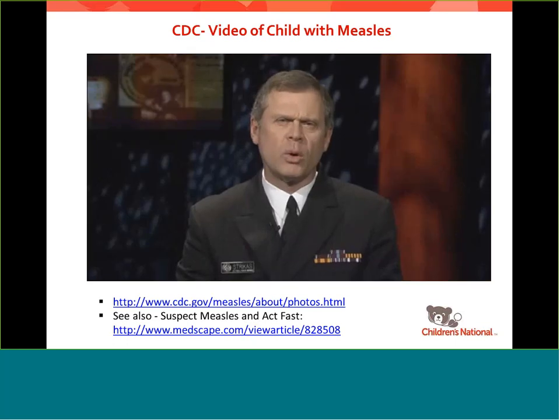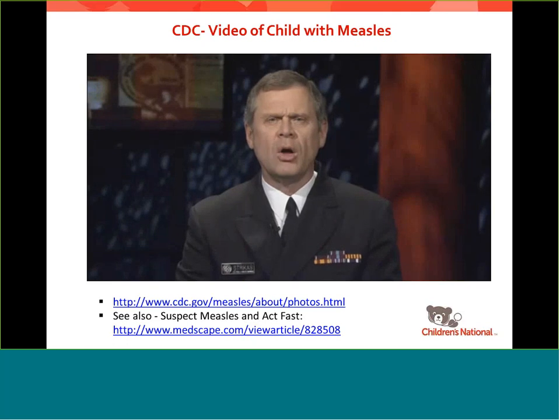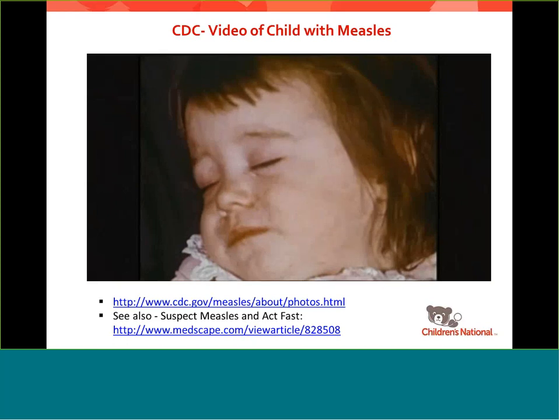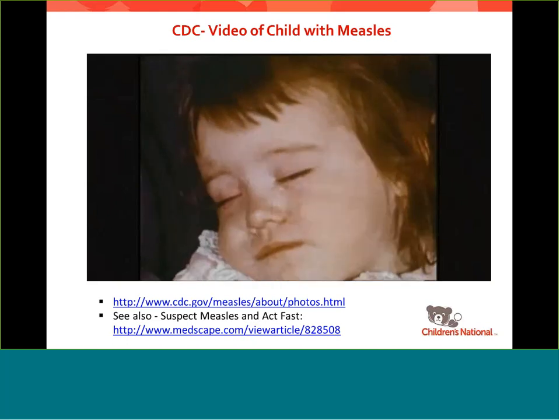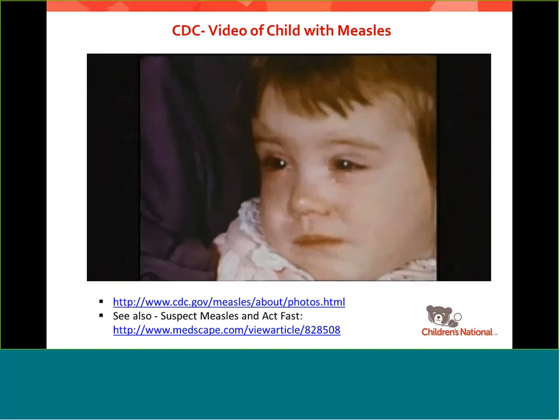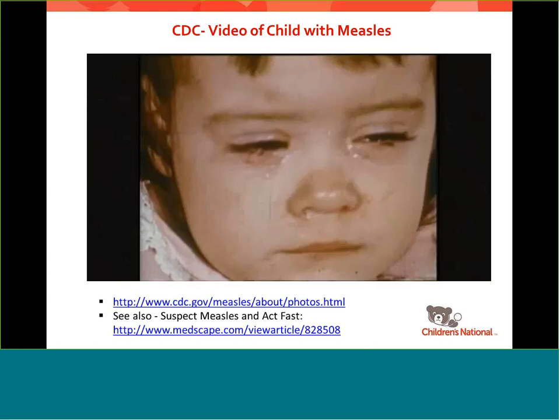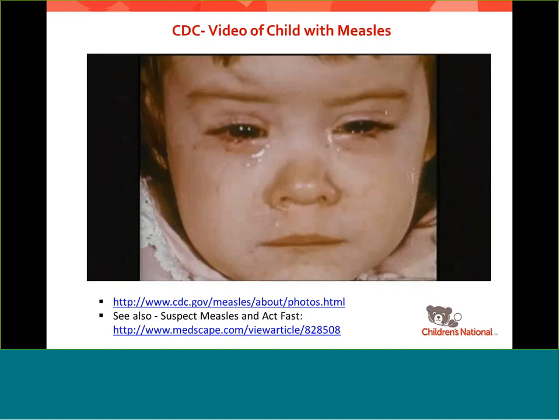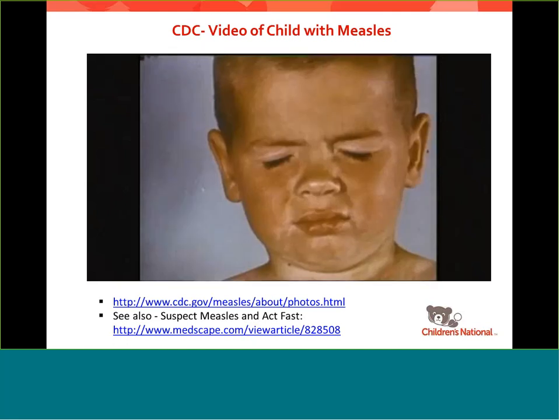You may have seen measles when it was more common in the late 1980s and early 1990s. For those of you who have not seen it, here's a visual aid. This is a child with measles prodrome. Measles prodrome usually produces a moderate illness. Notice the coryza or runny nose and her red, teary eyes indicative of conjunctivitis.